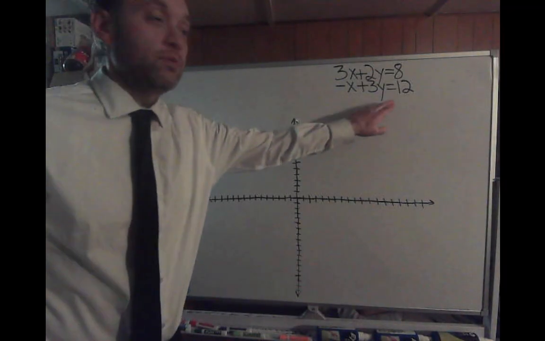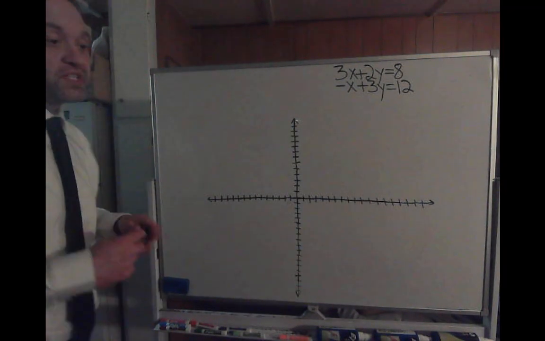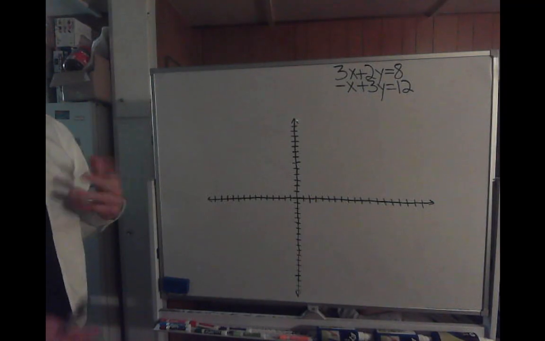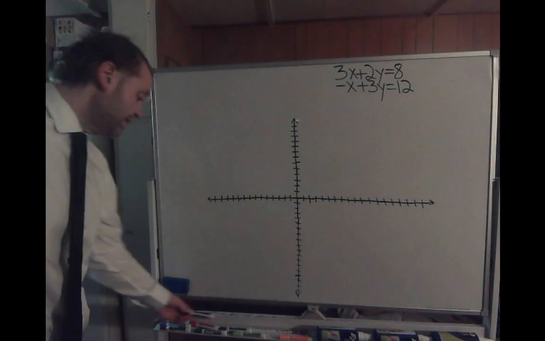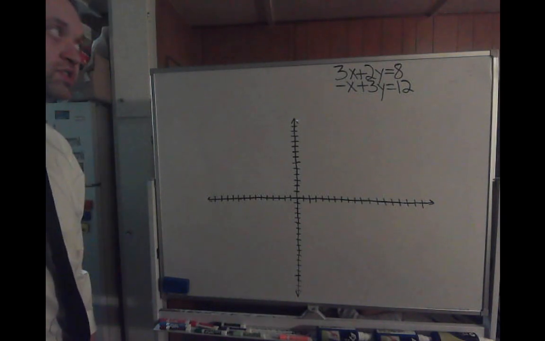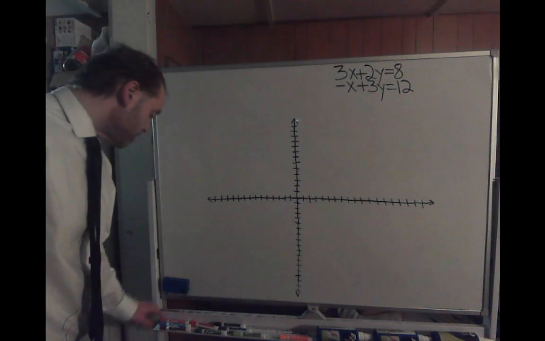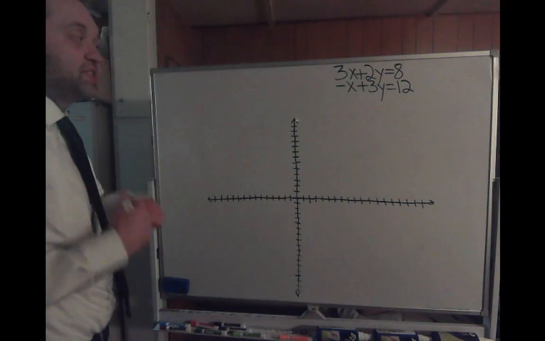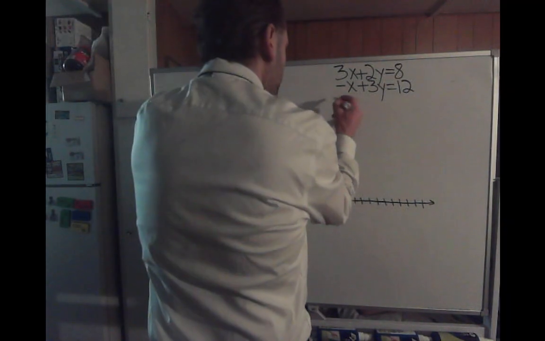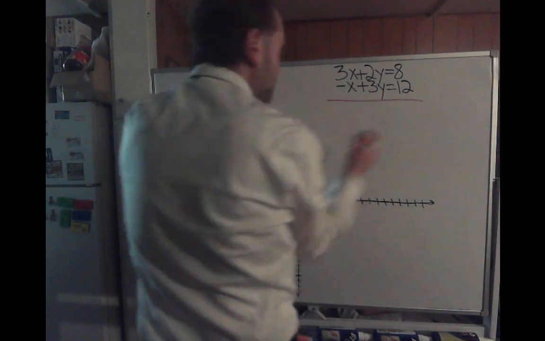plus 3y equals 12. Well, this is going to be another one where we multiply one equation and then we eliminate. Then we either add or subtract them together. So, judging by this one, if you have a 3x and then a negative x, I would say multiply the second equation by 3, and then you can just add them together.